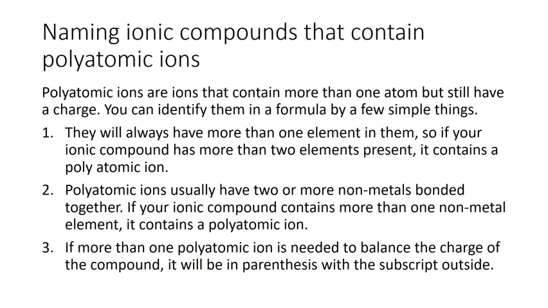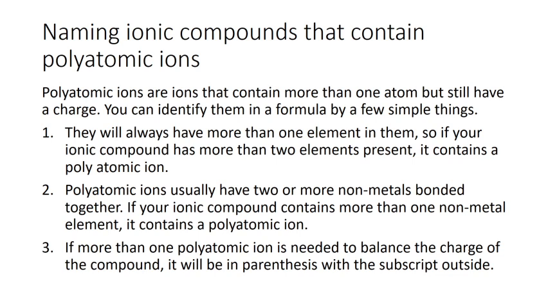Okay, polyatomic ions. So polyatomic ions contain more than one atom, but still have a charge, right? Easy ways you can identify them. In a formula, they will always have more than one element in them. So if your ionic compound has more than 2 elements present, it definitely contains a polyatomic ion.